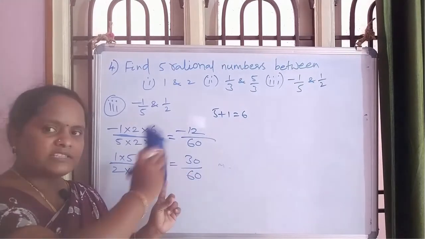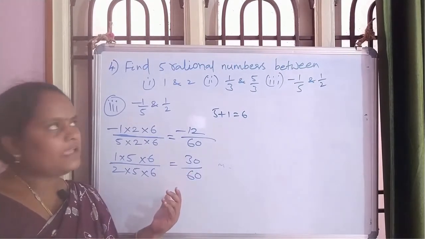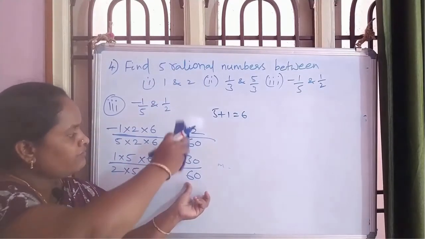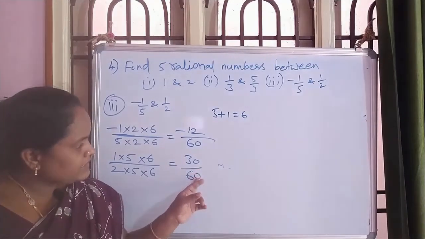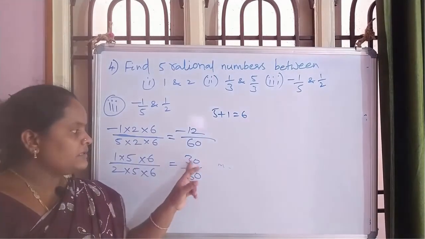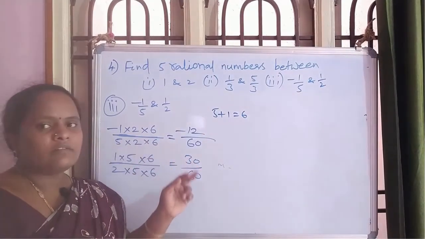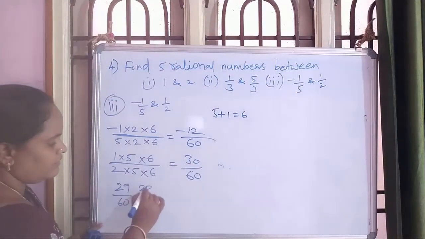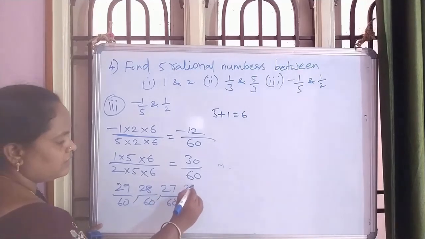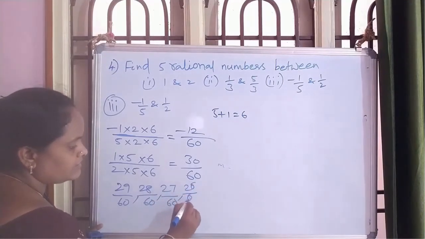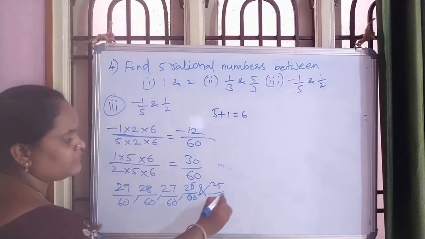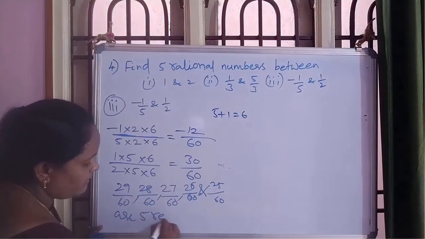So I will get 5 rational numbers in between these by using this step. That is, first step, get the LCM as the denominator. Then 5 rational numbers are asked, so multiply with 6 by 6. So here I can write 5 rational numbers between 30 by 60 and minus 12 by 60. These two cannot be taken. In between means just before 30 by 60 is 29 by 60, then 28 by 60, just before that 27 by 60, just before that 26 by 60 and 25 by 60 are the 5 required rationals.